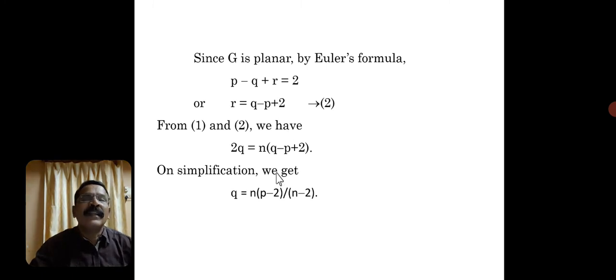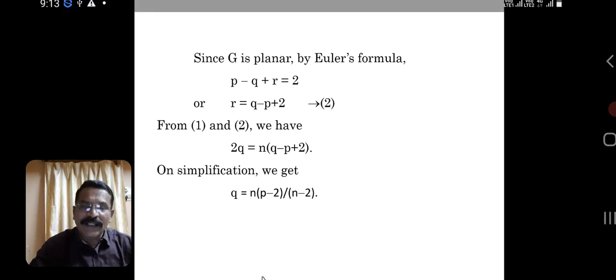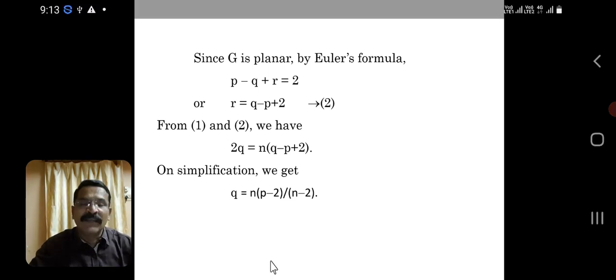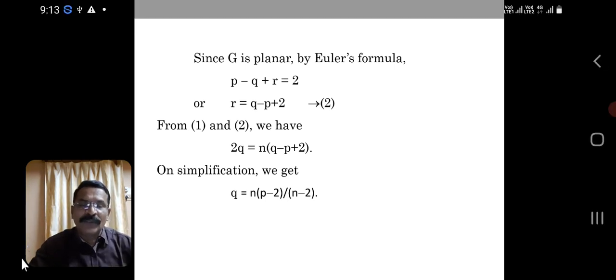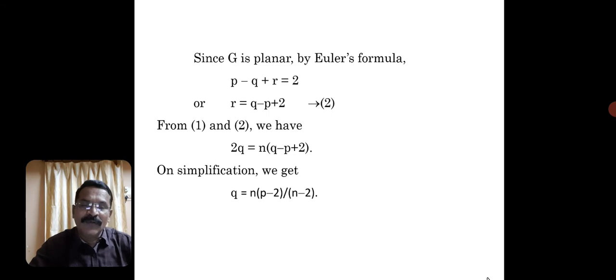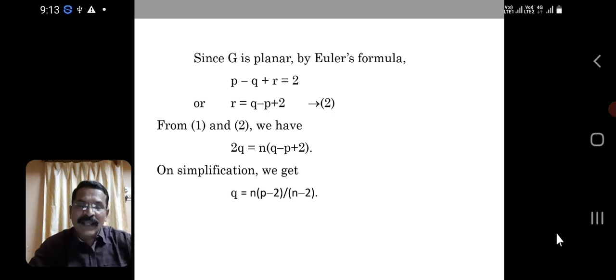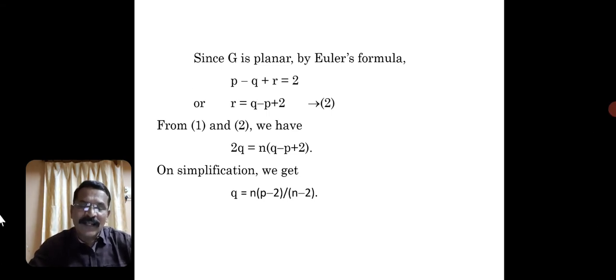Anyway, doesn't matter. From 1 and 2, I think already in the previous slide I have given equation 1. If you see the previous slide, you already have 2q equal to nr.